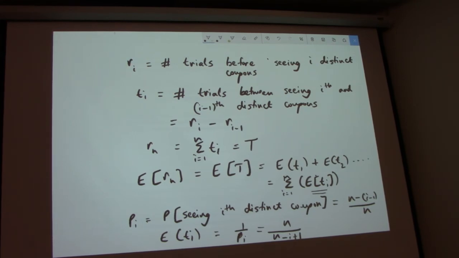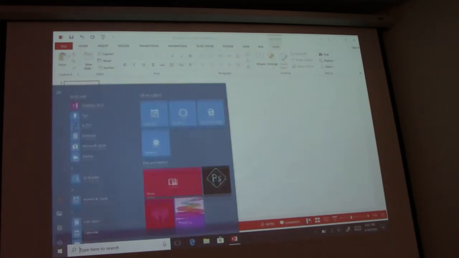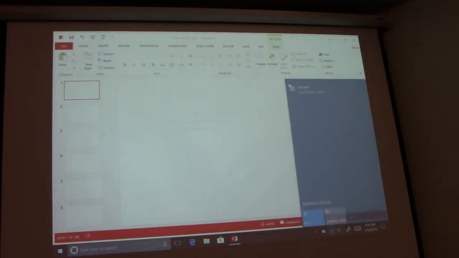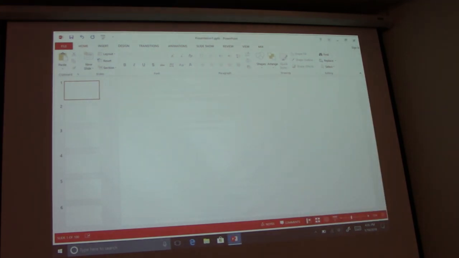I don't want to go to the next page, so I'll just make one here. So what this means is expectation of Rn is, and I lost it. I just need one small, yeah, sorry.